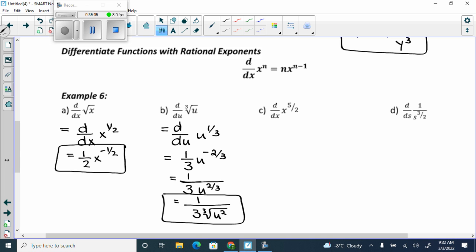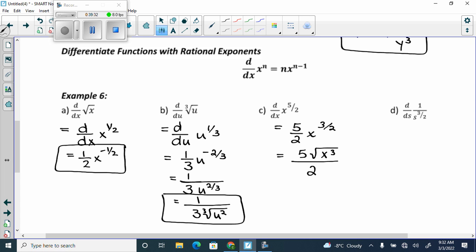Okay, this one is going to be 5/2 x to the 3/2. So you're just subtracting 2/2 from it. And then x to the 3/2 is the same as the square root. I could put a 2 here, but it'd be wasting my time. And then x cubed. What do I have to do for d?